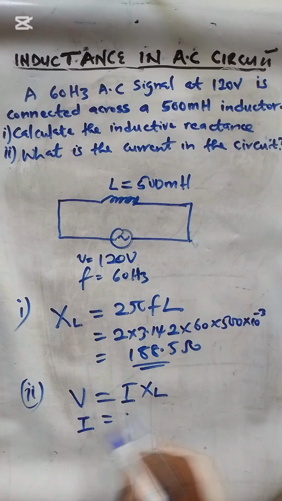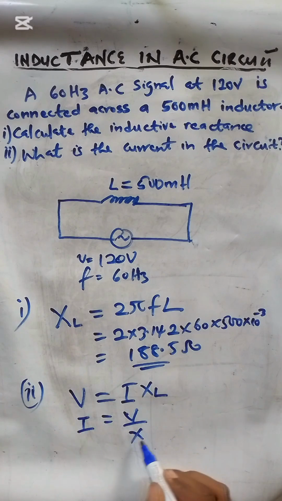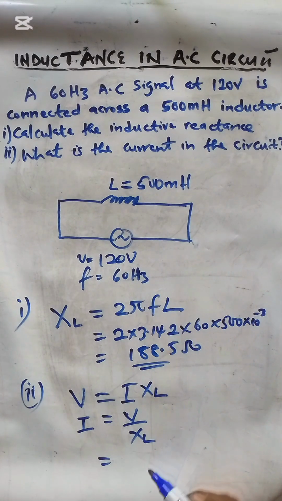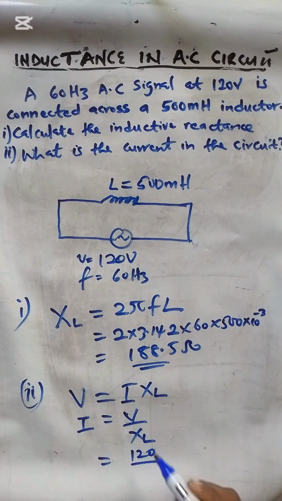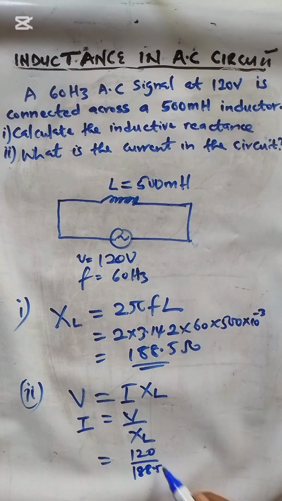Current will be V over X subscript L. That's what we are looking for. So our voltage is 120 divided by our inductive reactance 188.5. That will give us 0.6366 ampere. Take note of that.